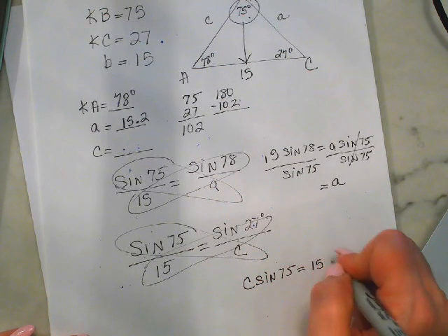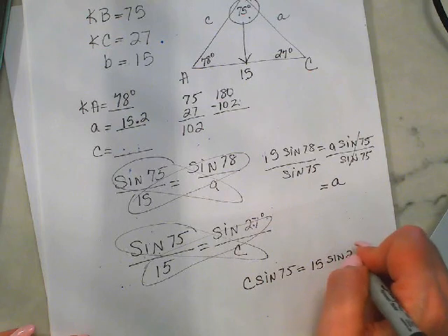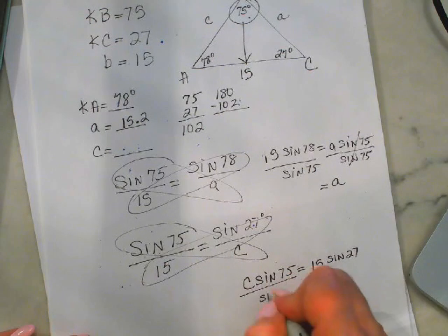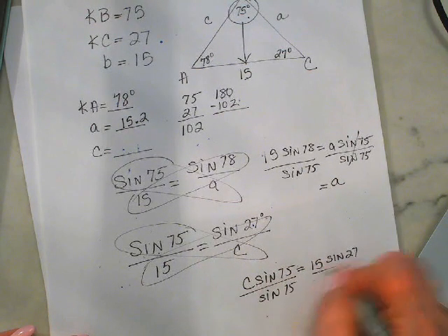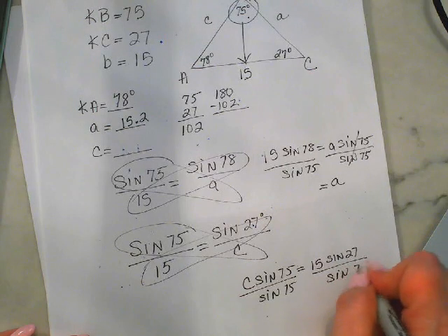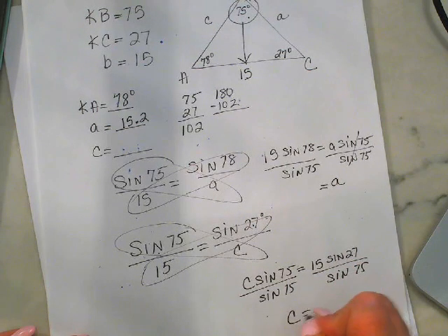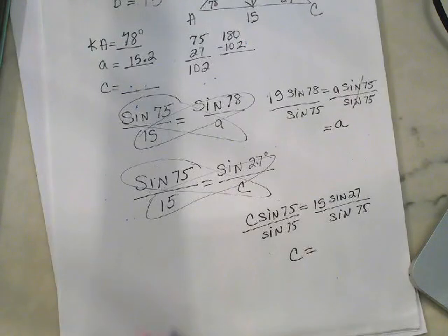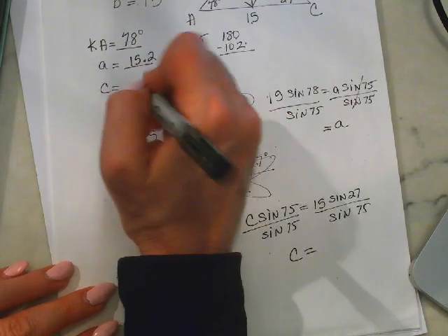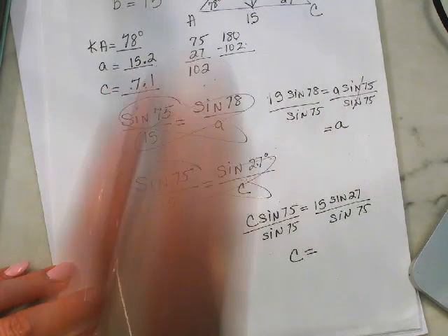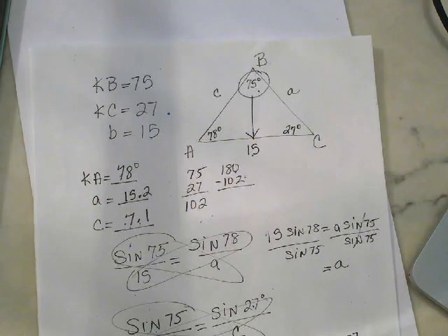So c times the sine of 75 is equal to 15 times the sine of 27. Divide both sides by the sine of 75. And little c, when I do it on the calculator, I'm sorry, I ran out of space there, works out to be 7.1.